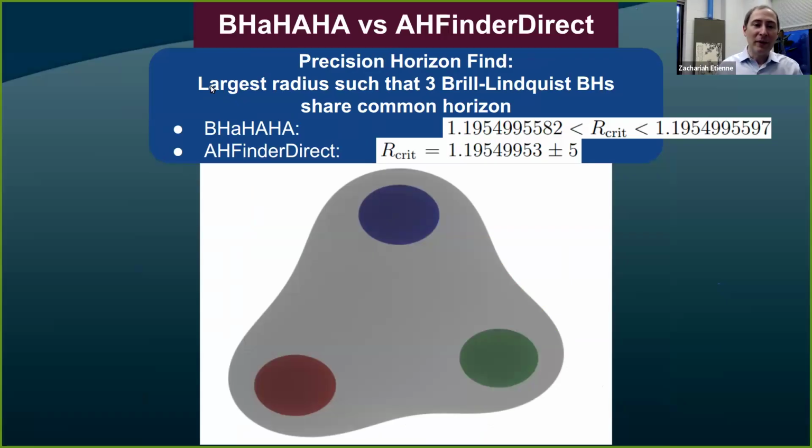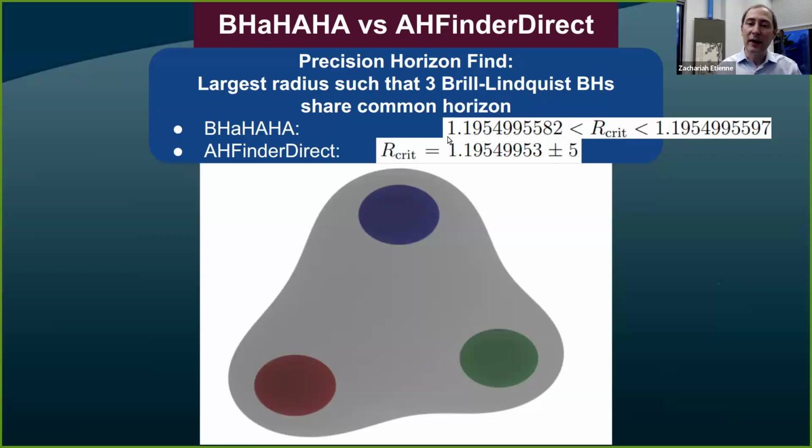So this is a really cool apparent horizon torture test. You want to find the largest radius where you have 3 black holes positioned in an equilateral triangle, such that these 3 Brill-Lindquist black holes share a common horizon. And what we found in Baja was the radius in Brill-Lindquist coordinates, this radius on the right here that ends in 9, 7, it was able to find a common horizon.